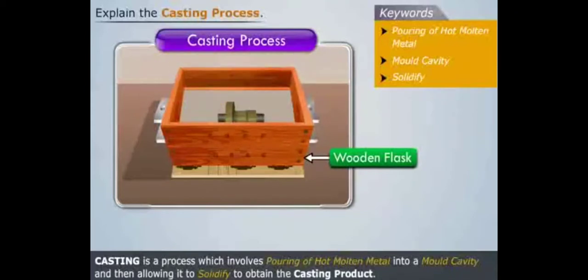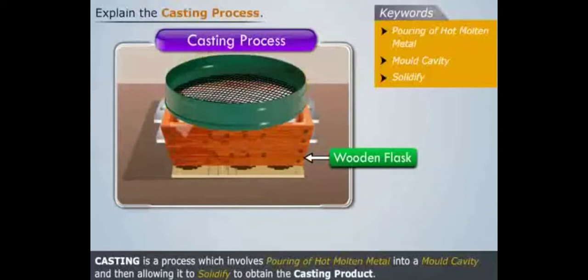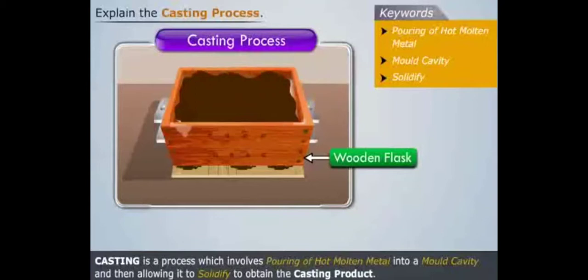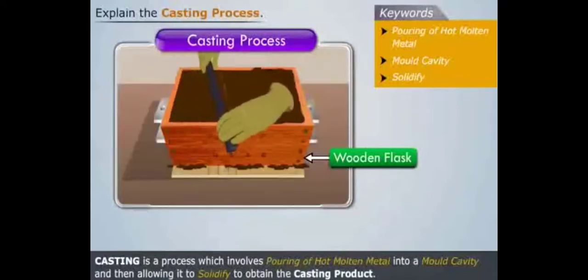And repeat the same procedure, that is, sprinkle the parting sand. Then place a hand riddle, put some sand and filter it. Then remove the riddle and put some backing sand. And then ram the sand with the hand rammer and level the sand equally.